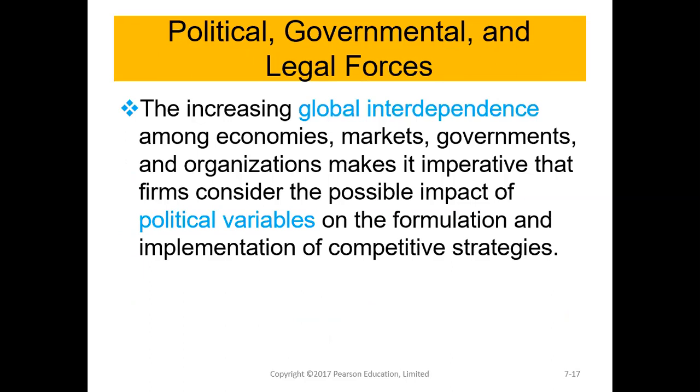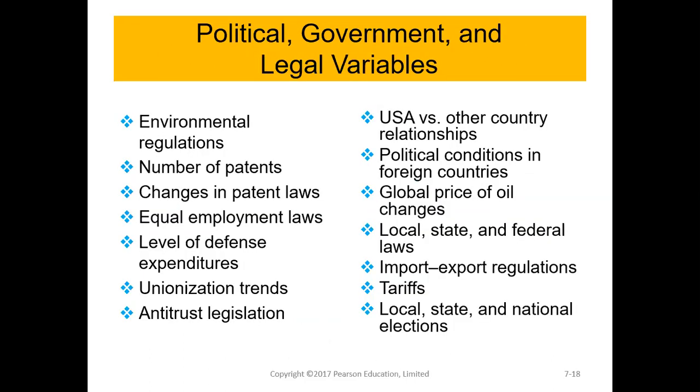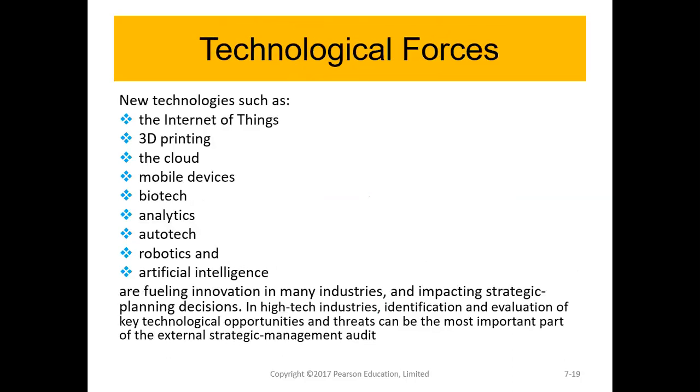The political, governmental, and legal forces, the different factors, different regulations that might affect you, the political system, the stability of the environment, the type of the government, the employment laws that are there, all these factors that can affect your organizations.